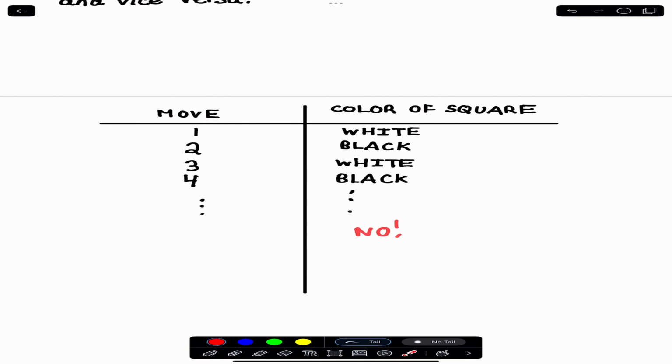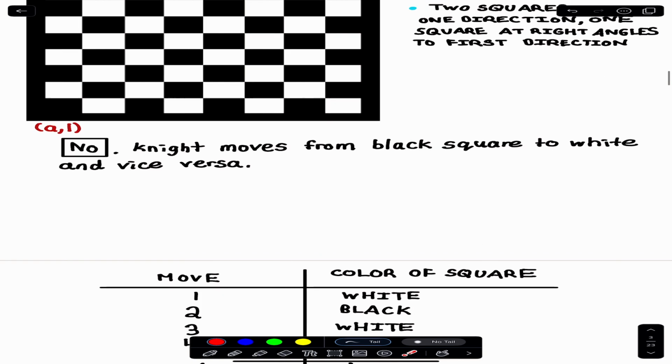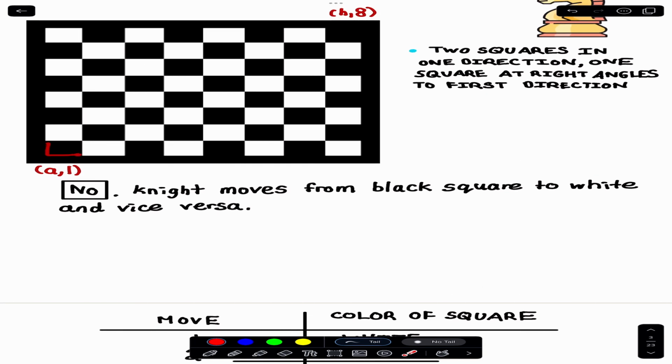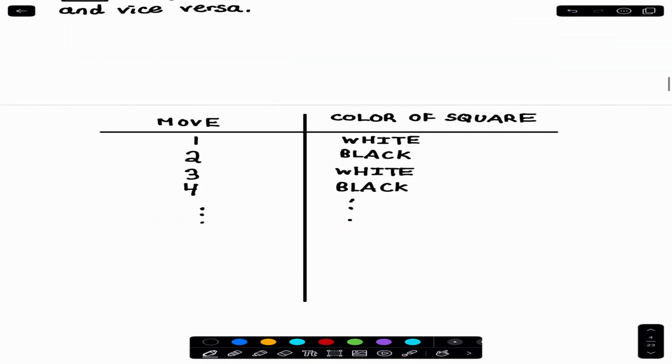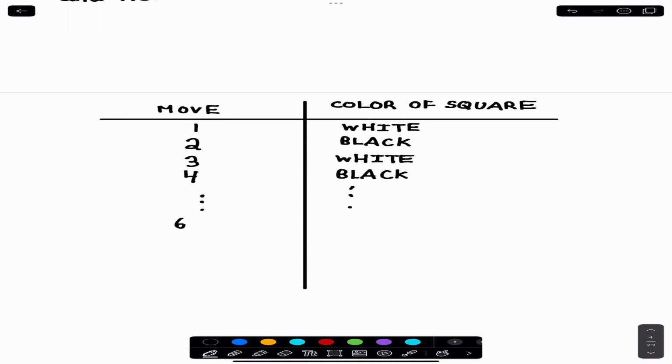No, not so. It will not be move number 64, because we already started on this square. So this square has already been used up. So really we have the rest of the board. So that's 63 moves, not 64.